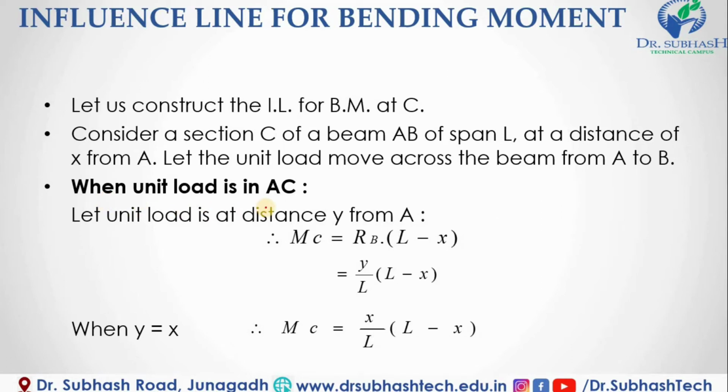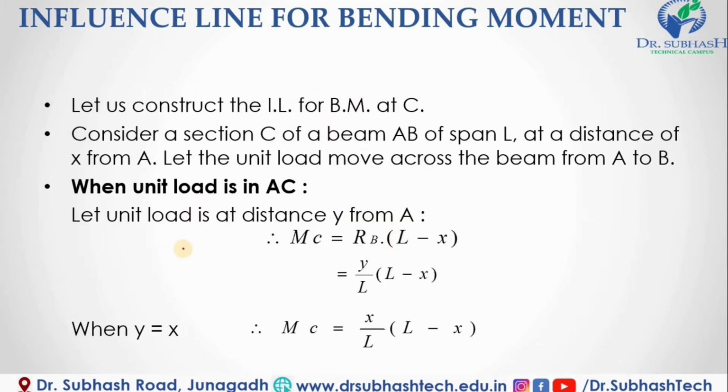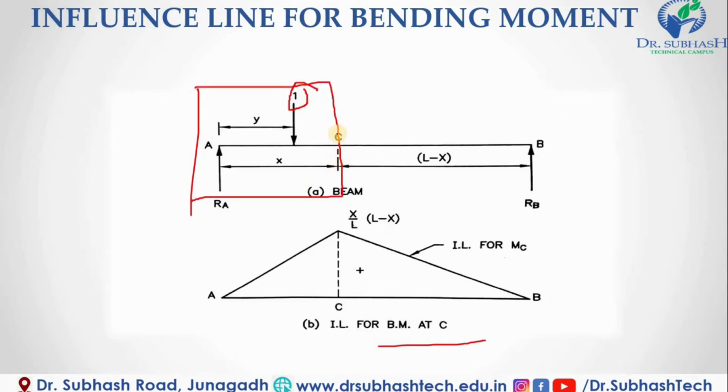So when the unit load is in the AC portion, it means the unit load is moved in portion AC. When the unit load is at a distance y from A, what should be the moment at C? Load into distance. At the left hand side of the section, what should be the reaction?